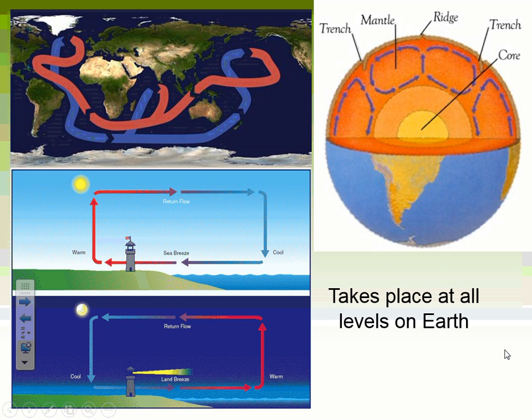So this is just an example mentioned earlier that convection currents happen in a lot of different places within our mantle, as ocean currents, but also as sea breeze and land breeze. In this example, during the day, there's a lot of hot, warm air on the land as opposed to in the ocean.